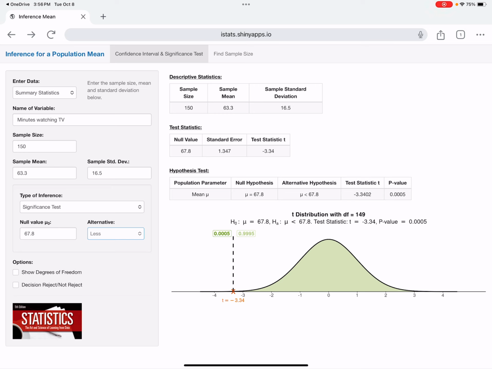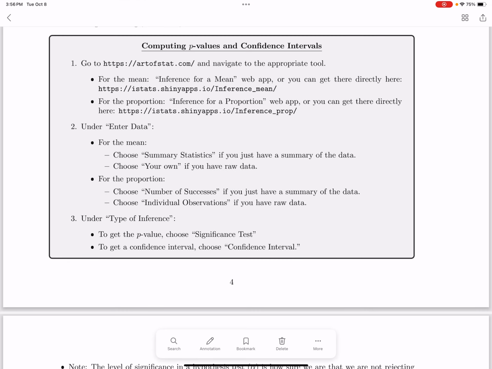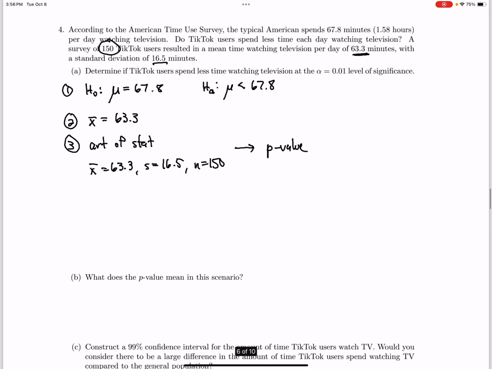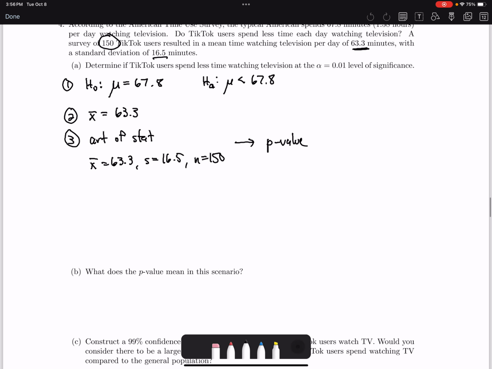So it looks like the p-value here is 0.0005, so a pretty small p-value. Let's write that down. 0.0005. Okay, so we can make our decision.